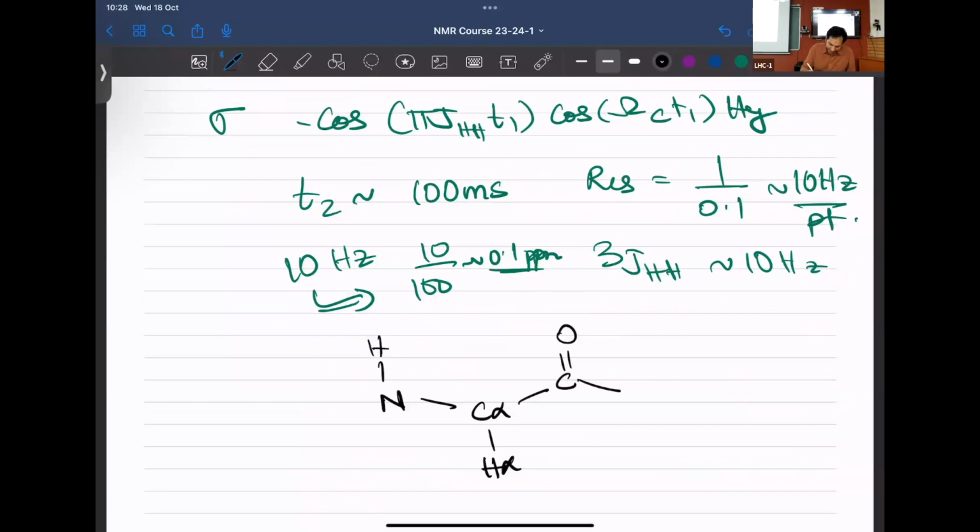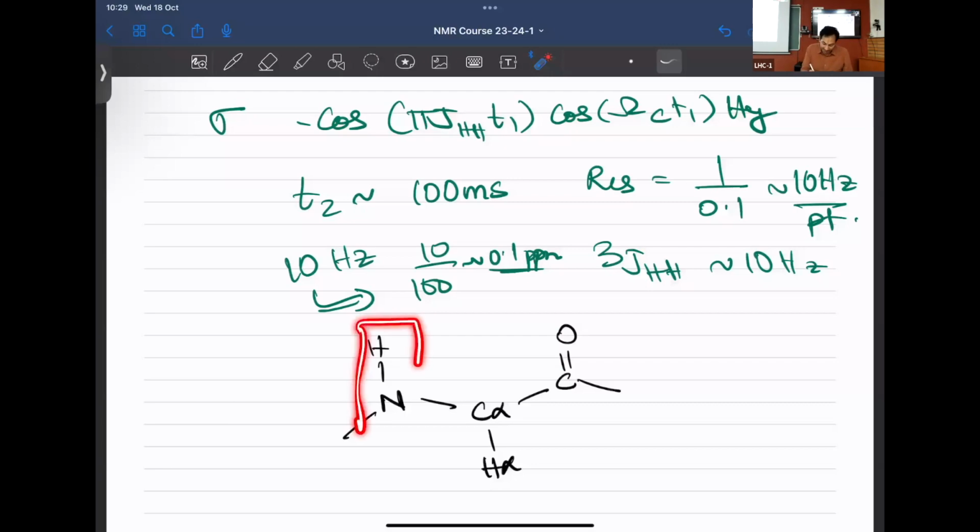Excellent. So what Jeet is trying to add here is a very important point. Remember, proton-proton scalar couplings can be empirically defined by the Karplus equation, where if you get the magnitude of scalar coupling, you can get the dihedral angle between two protons.